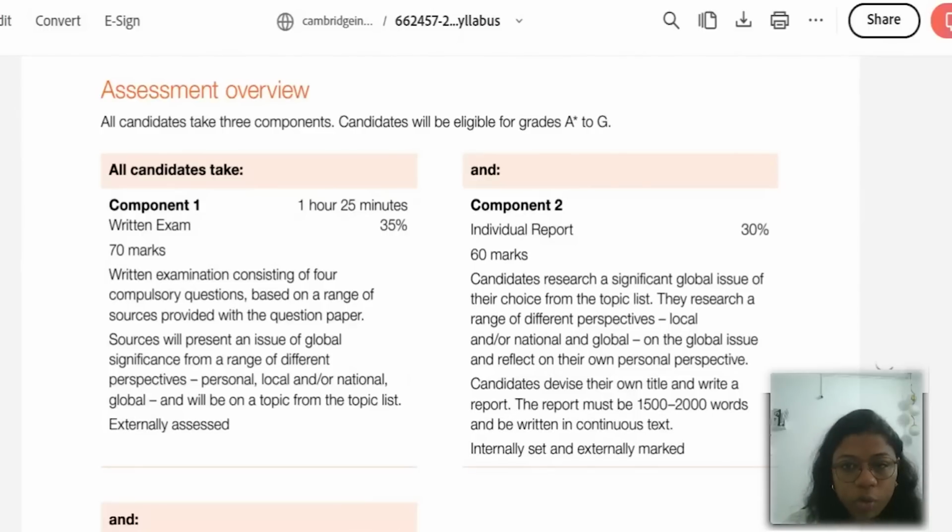And what you need to do here, in a skill-based subject, is focus on the analytical skill: how to write a personal response, how to frame a paragraph, how to understand an issue from different perspectives, how to present a different perspective. So here you need to learn all of these skills to apply in your written paper. You need not rote learn anything in global perspective.